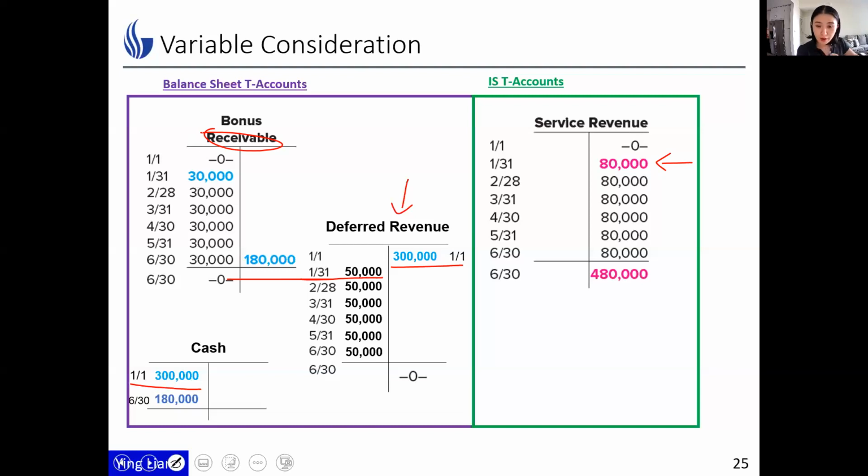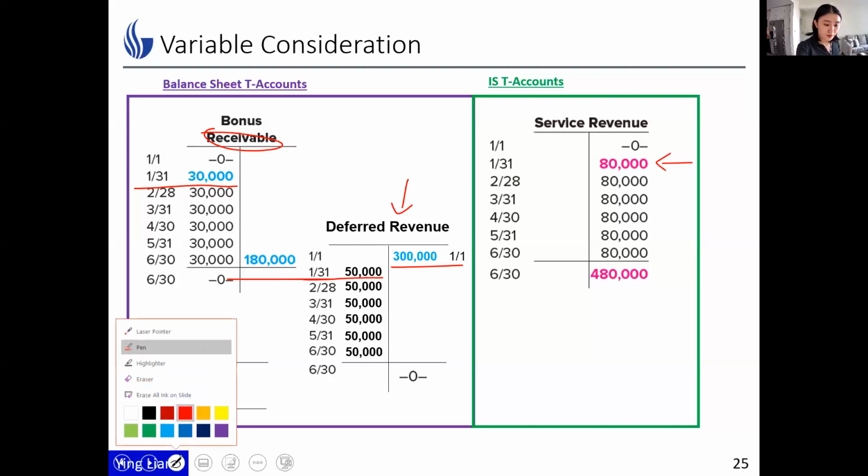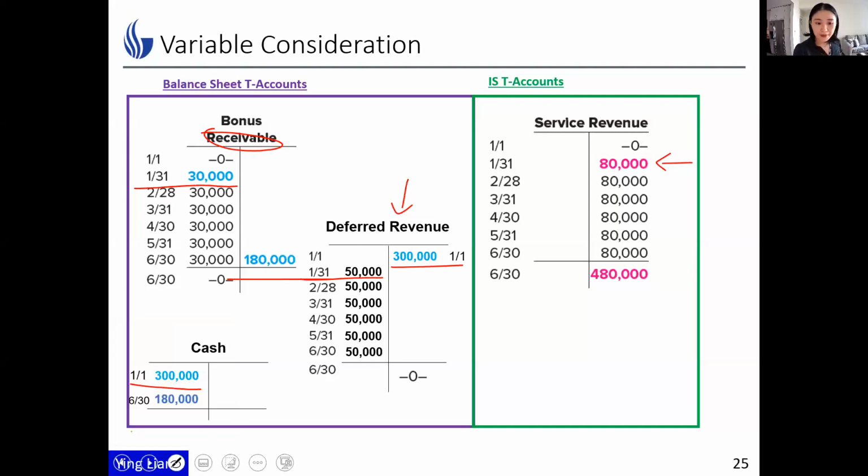There's nothing in it when we receive money, but by the end of each month I'm going to increase this bonus receivable account by $30,000. Now, if you look at it, let me use a different color. On the debit side, I have debit 50, debit 30 equals credit 80.